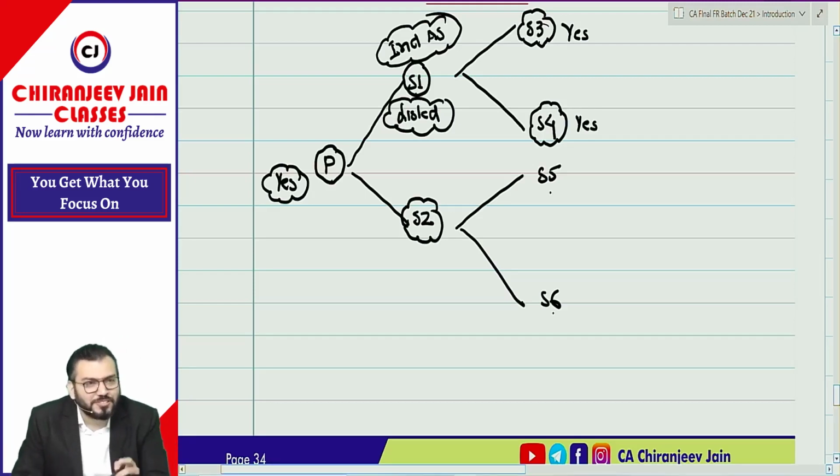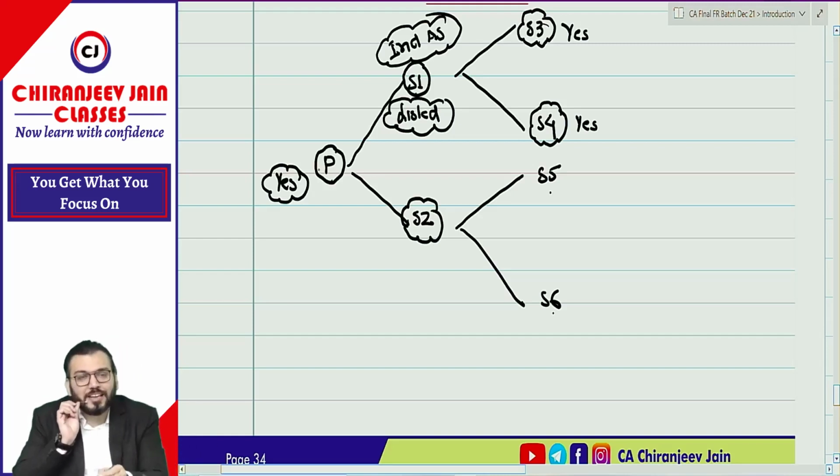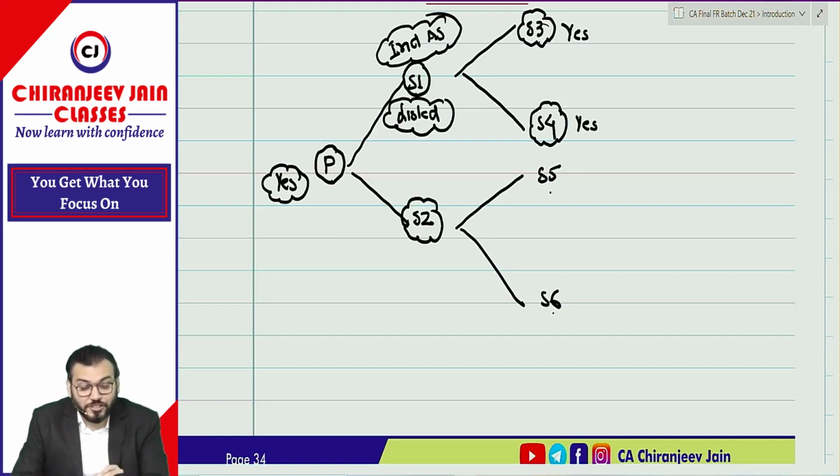Even though it is not applicable to S2, they need to provide information to the parent company for preparation of consolidation. So ultimately Ind AS is applicable. This type of doubt may come in your office.